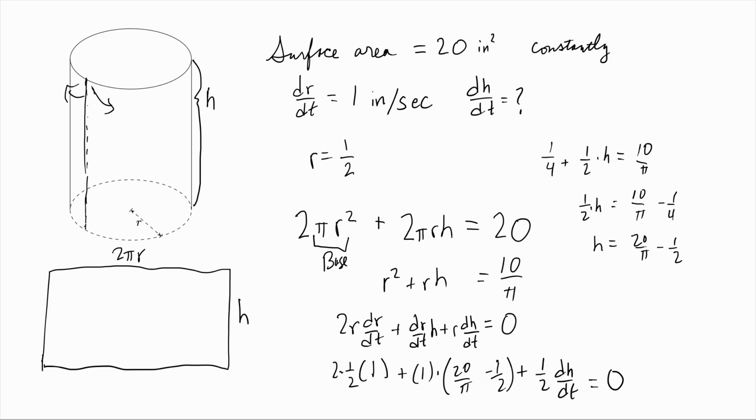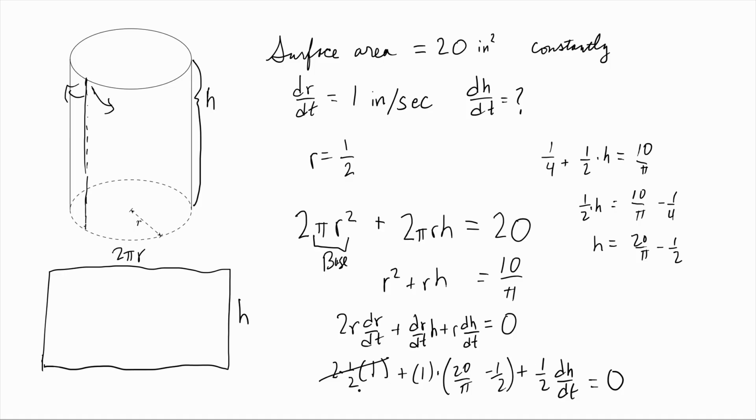We've already plugged in values for all of these things that we knew, and we just have to solve for dh/dt now. So this part is just a 1, so that's a 1. That's 20 over pi minus a half. But you have 1 and then minus a half, that'd be a positive a half, right?